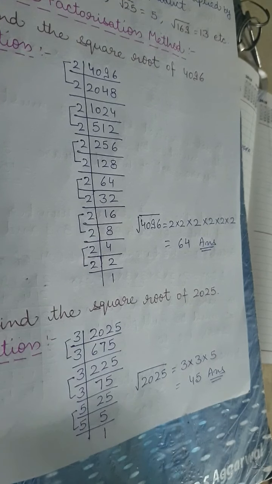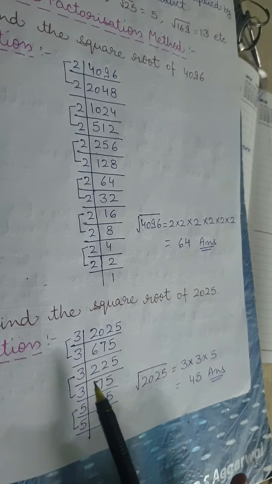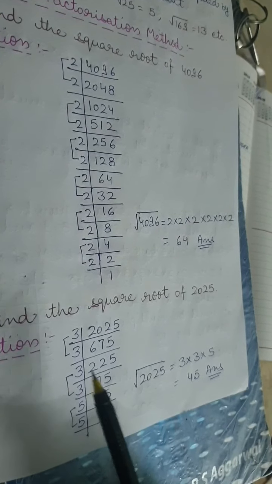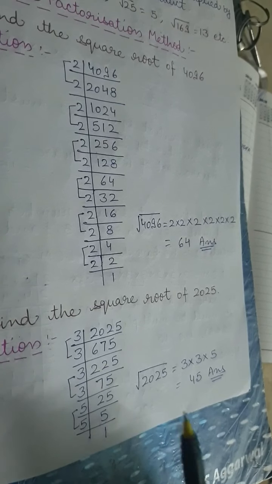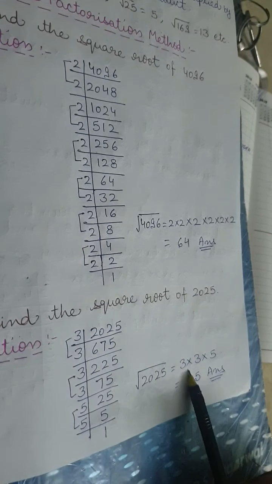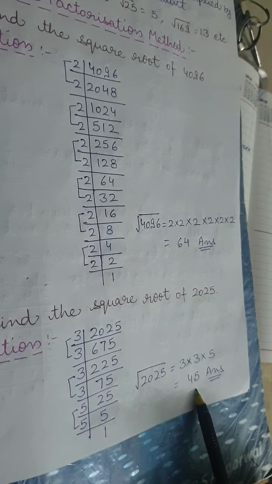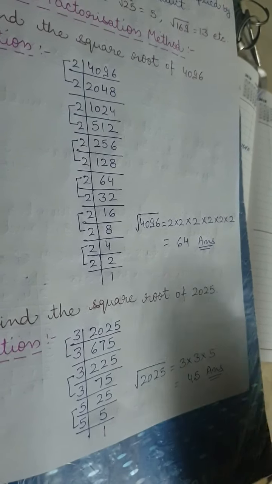Now we have solved it. Now make the pairs, pick a single value from each pair. That is 3 multiplied by 5, and what we get? We get 45. Fine.